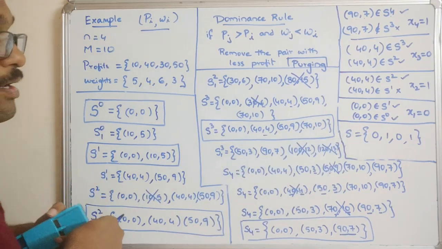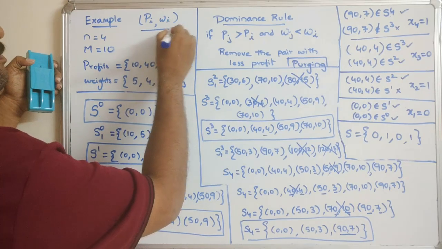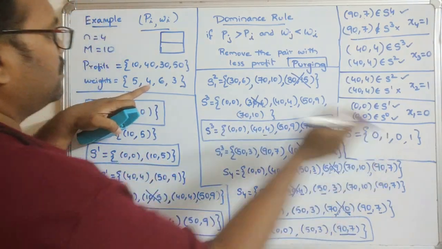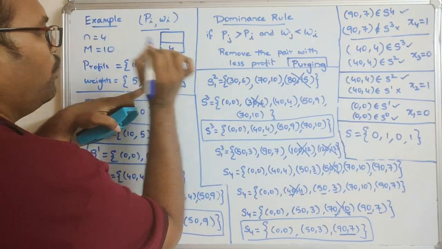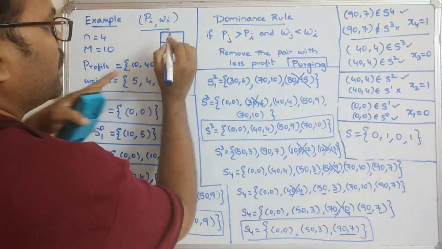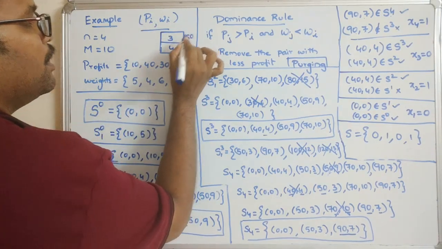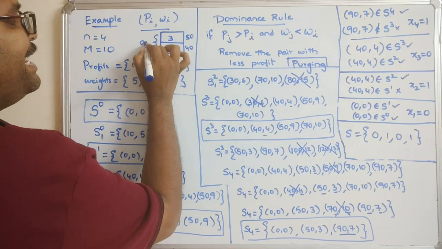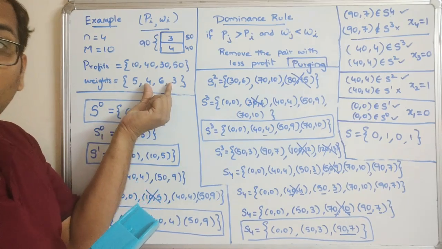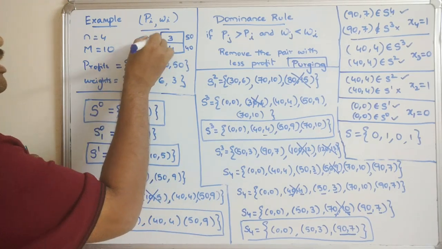Just observe, moving the second weight is 4 with a profit of 40. Next, the fourth one, this one, with a profit of 50. How much total profit did we get? 90 profit. So by moving weights 2 and 4, we got a 90 profit. That is the maximum profit. You can check.